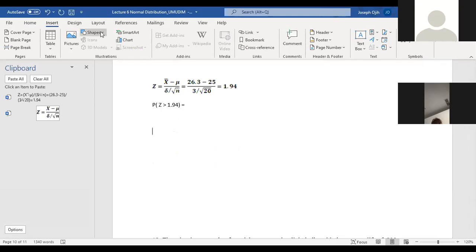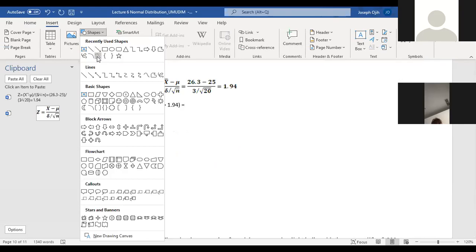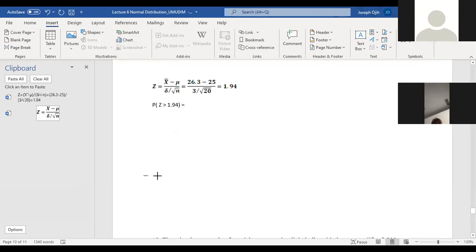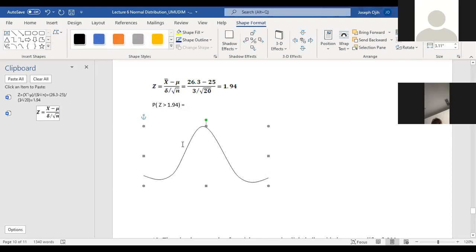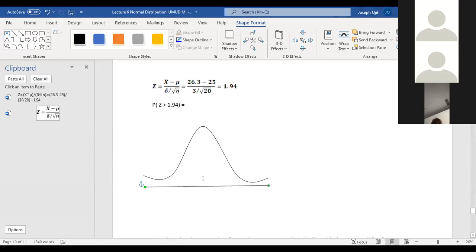Draw the chart from here. So it is basically the same thing we did yesterday. This time we introduce the sample size and the sample mean, and use the formula for the transformation from x value to normal variable.